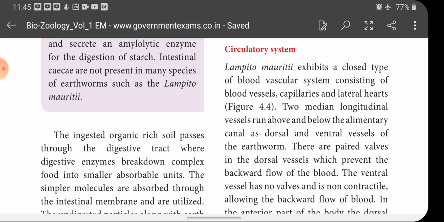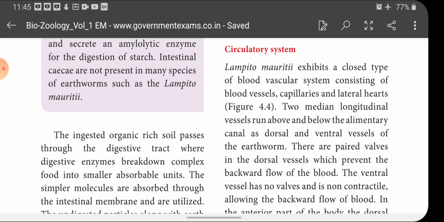So that is called open circulatory system. What is closed circulatory system? The organism has blood vessels which end with capillaries, and the capillaries supply the blood to the tissues of every part of the body. So that is what a closed circulatory system is.